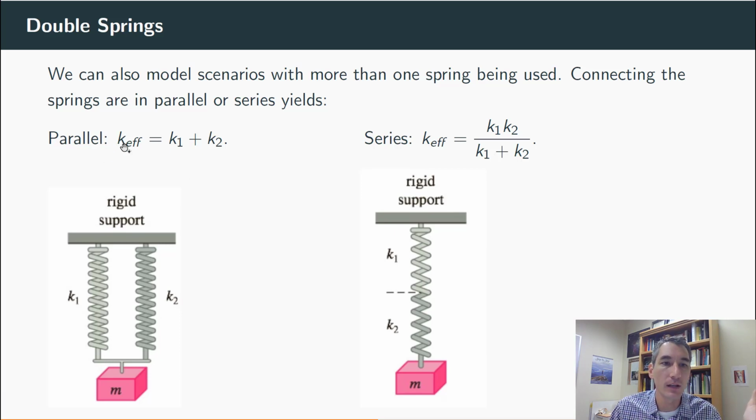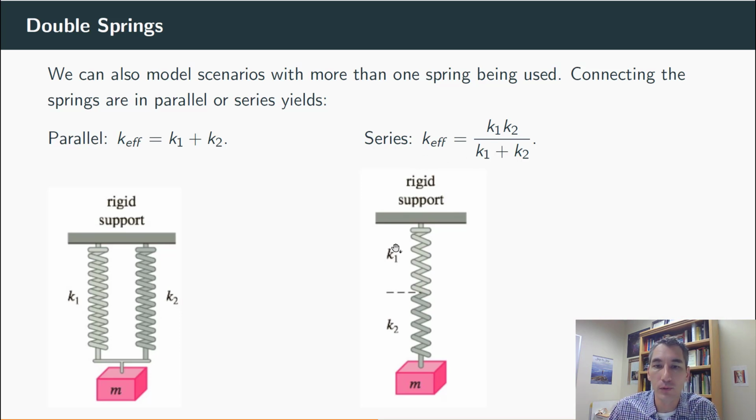So the effective spring constant of parallel springs is similar to the sum of resistors in a series circuit. If you wire the springs in series, like one on top of each other, they again combine to have a single spring constant, and can be treated as a single spring.